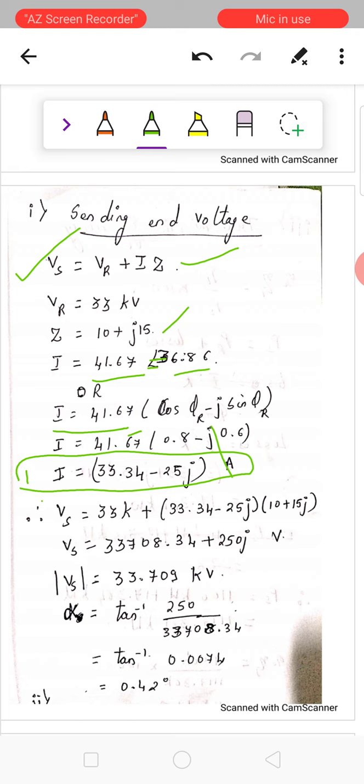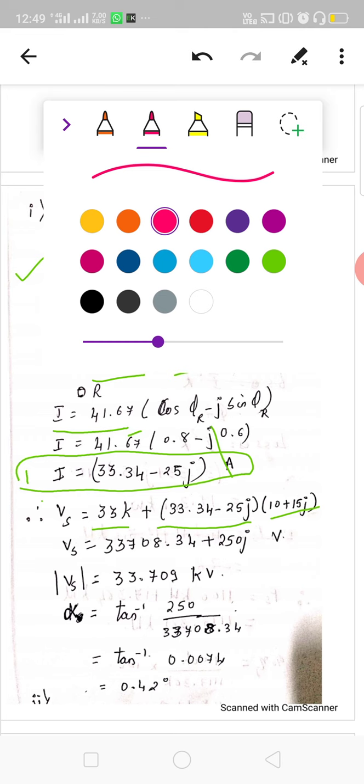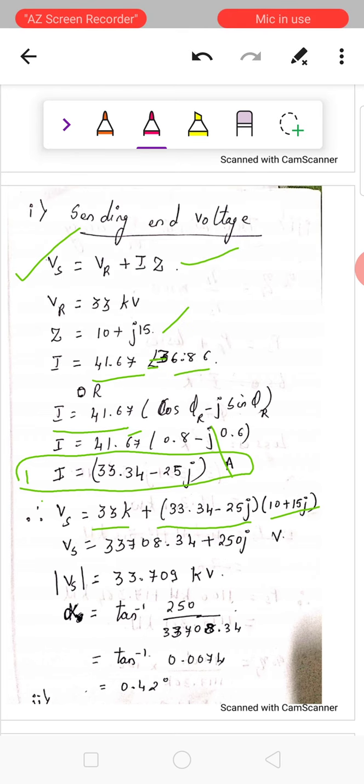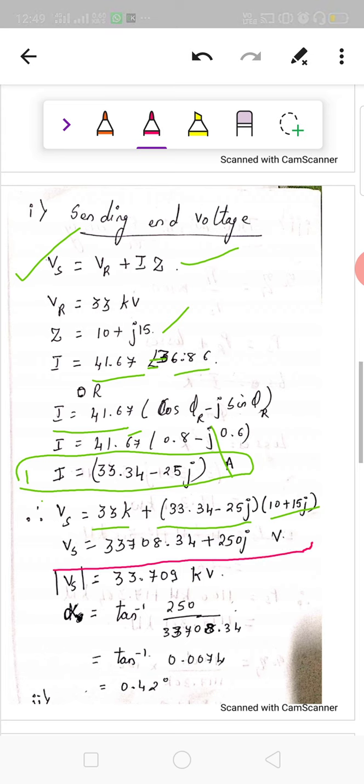So Vs is Vr plus I into Z. When you work this out, what you get is 33708.34 plus 250j. How do I calculate the magnitude? I take the square root of 33708.34 squared plus 250 squared.